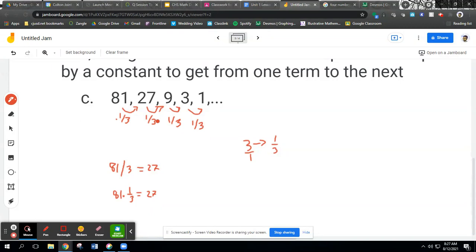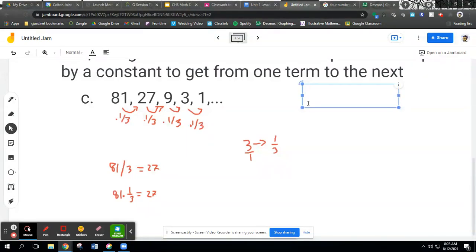So instead of dividing by 3, we're multiplying by 1/3. So times 1/3, times 1/3, times 1/3, times 1/3. If you see a decreasing sequence and it's dividing by something, instead just find the reciprocal of what we're dividing by, and that's our growth factor that we multiply.